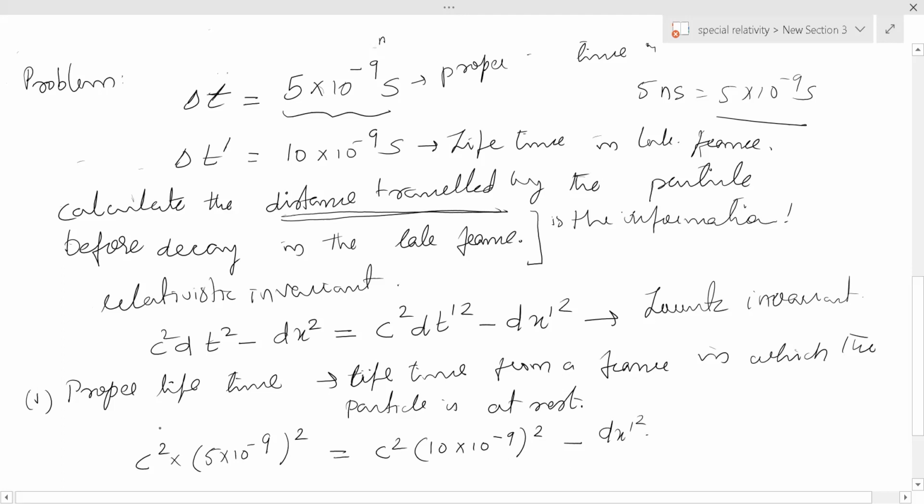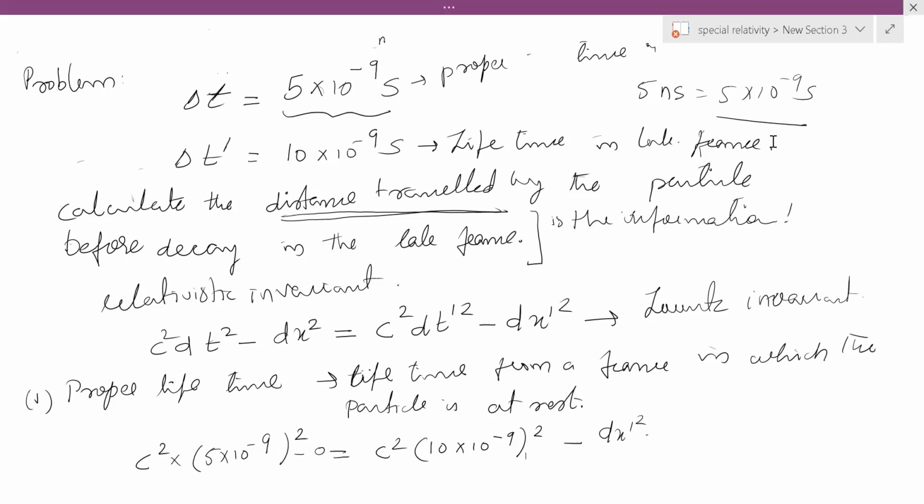You're looking at the particle from 2 frames. From the rest frame of the particle, it just sits there and decays, so this is minus 0. We are actually looking at 2 events.